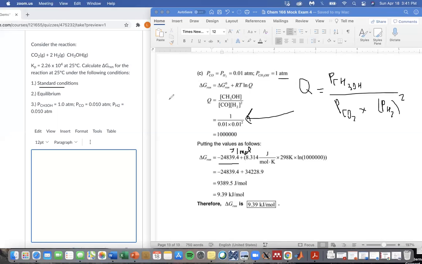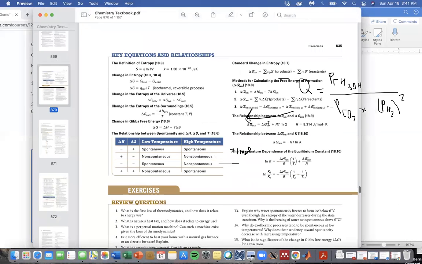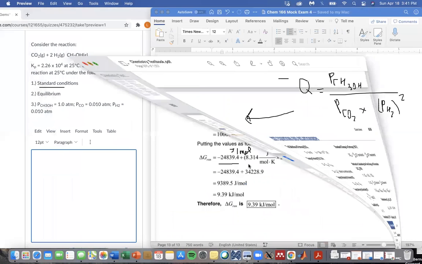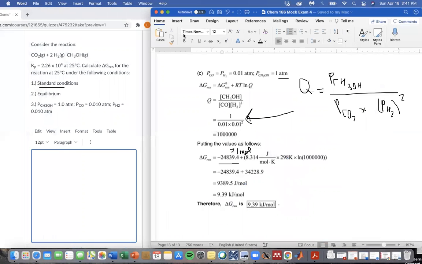You calculate that under standard conditions. That is from your equation at standard conditions, delta G standard equals negative RT ln K. That's what that comes from. And this is your Q value, and you're given your temperature, so you convert it to Kelvin.